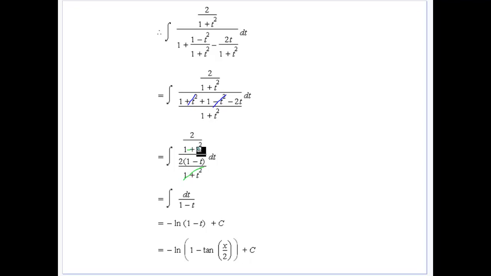Oh, that cancels. The 2's will cancel. That gives us dt on 1 minus t, which would give us natural log of 1 minus t plus the constant, which is natural log of 1 minus tan of x on 2 plus the constant. Wow, there's our answer there.